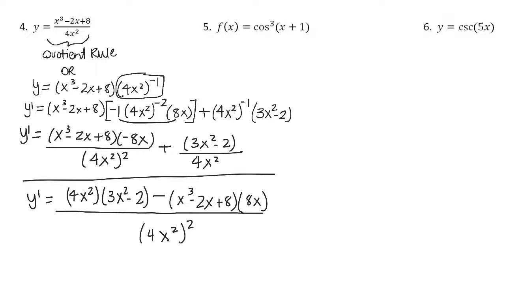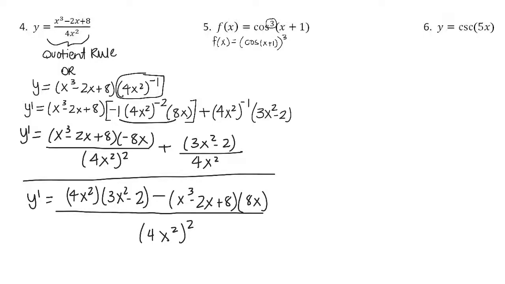So the first thing we have to do with number 5 is rewrite this, because this is really a shorthand version of how to write that exponent. This was originally f of x equals, in parentheses, cosine of x plus 1, all of that raised to the third power. So we've got chain rule.